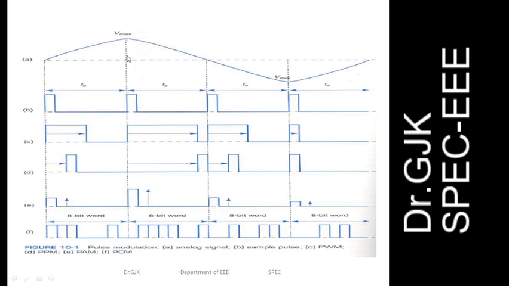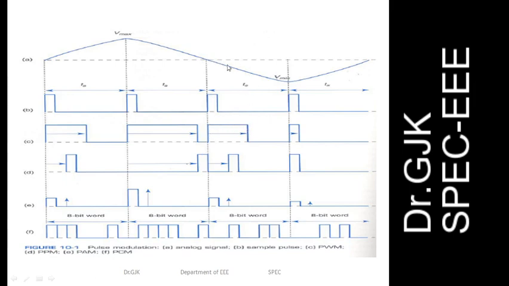Here the magnitude of the analog signal is increasing from 0 to Vmax. Therefore, the width of the pulse is also increasing to this much. Here again it is reaching 0 at this instant. So the width of the pulse is restored to this value. The width of the pulse is the same here also, 0, here also 0. So the width of the pulse is normal.